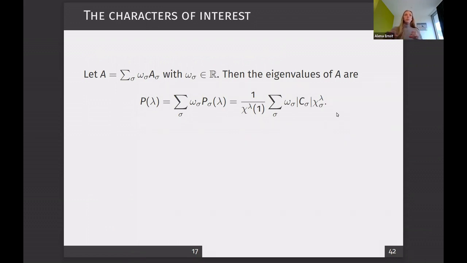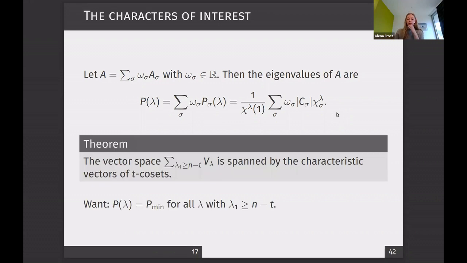Okay, so now thinking about the second part of the statement, it was that having a t-intersecting set of maximal size, it is equal to a t-coset. So what we make sure, applying the weighted version of the Hoffman bound, is that we at least are contained in the right eigenspaces. And for this, we make use of the following, namely, the sum of certain eigenspaces, namely these lambda that are in some terms determined, are spanned by the characteristic vectors of t-cosets.